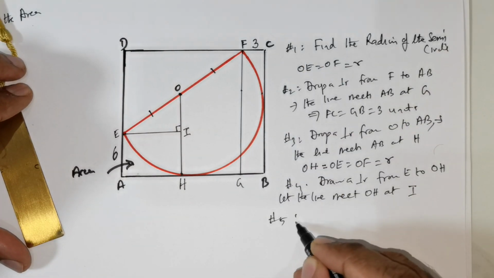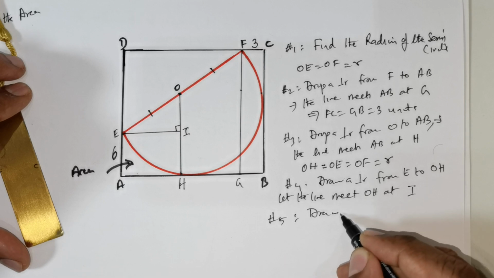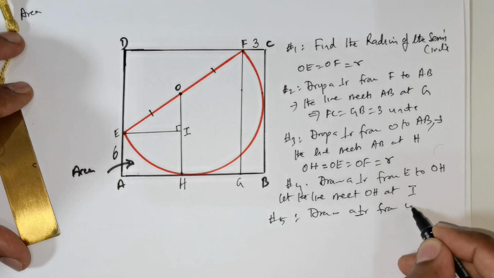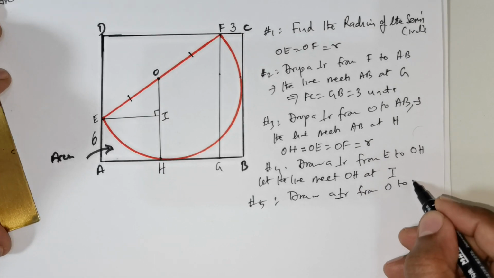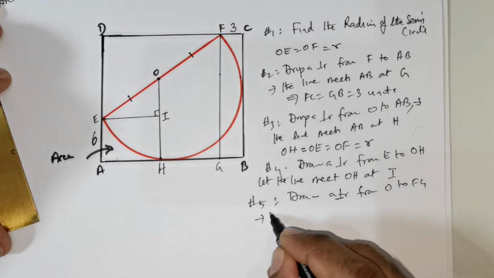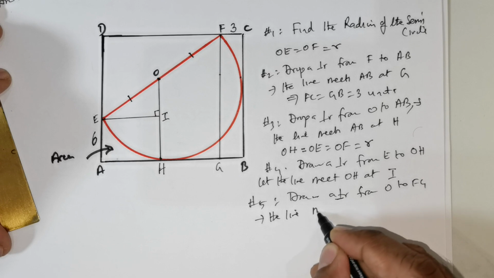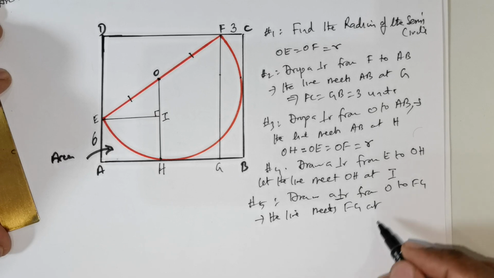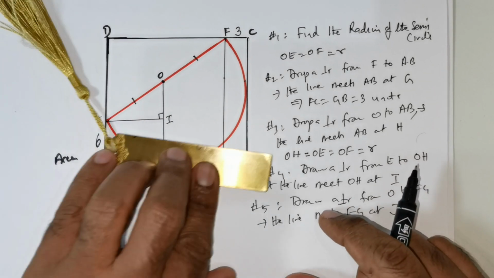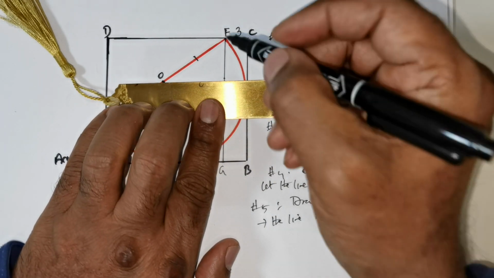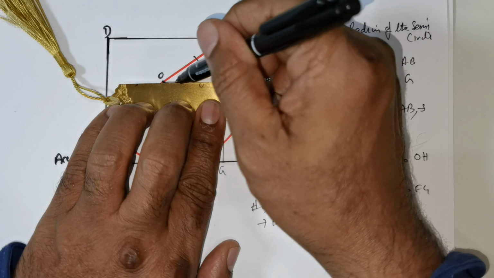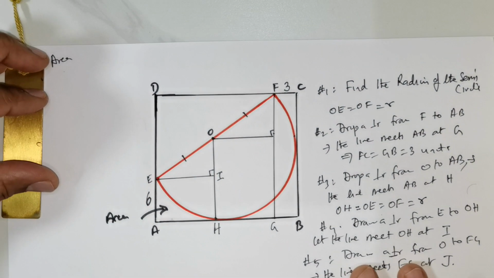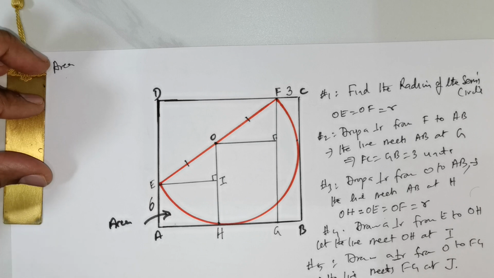Now step number 5 is draw a perpendicular from O to FG such that the line meets FG at J. So this is a perpendicular, so I'm hitting here. So this is going to be 90 degrees. Fair enough. Okay.